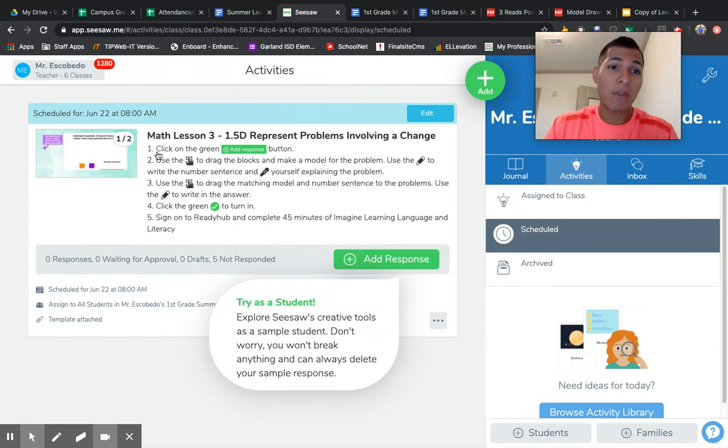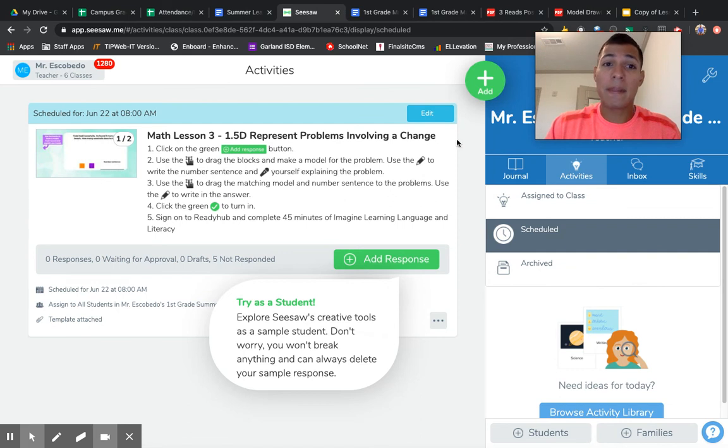It will be before number 1. You'll have to click that link. It will say click mini lesson link, okay? Click it. You'll watch this video that I'm recording right now. Once you're done, you're going to come back and you're going to go through your work, okay? Read the instructions and walk through it. Okay, at the end right here, it says sign into ReadyHub, 45 minutes of language and literacy once you are done with your assignment.